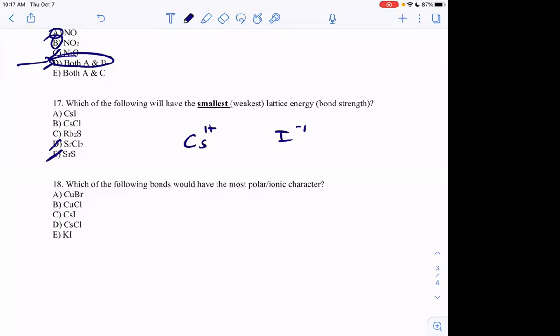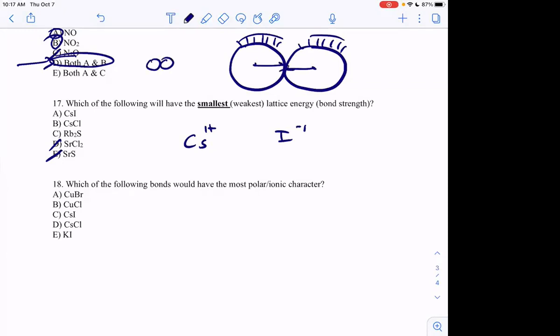Remember, we're looking for the big atoms with a low charge. That's going to create weak bonds because the bigger the atom, the bigger the separation between the nuclei and the electrons next to it, as opposed to something small, right?